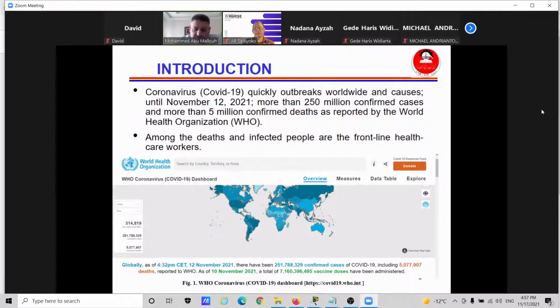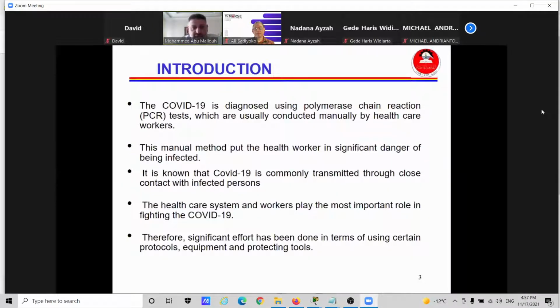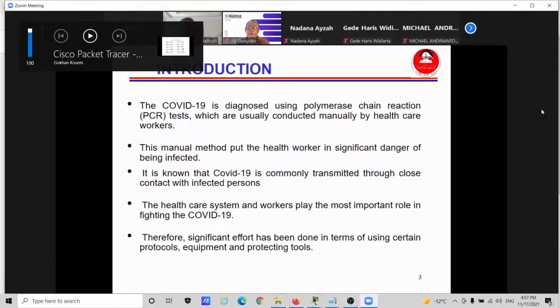Everybody knows that this virus hit us hard in almost all aspects of our life, and the way we are conducting this conference, virtually, is just an example of that.